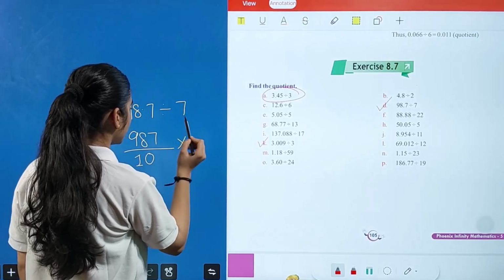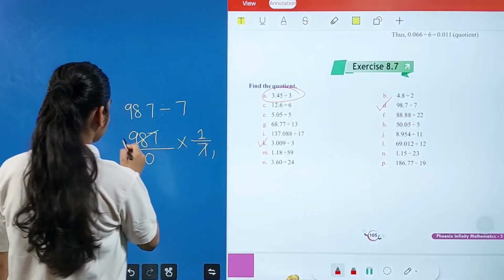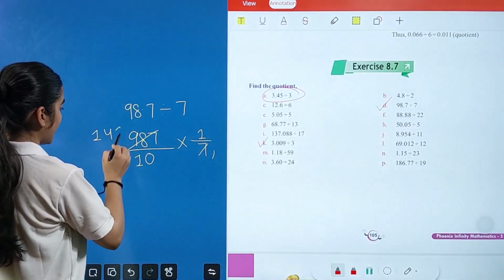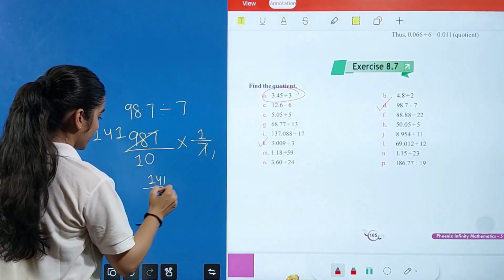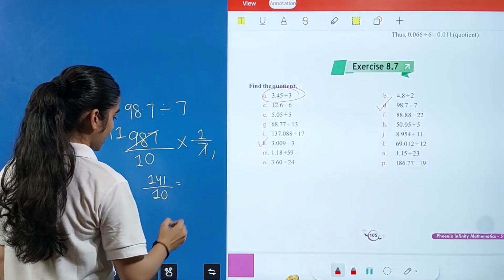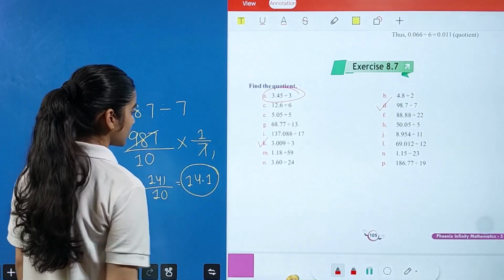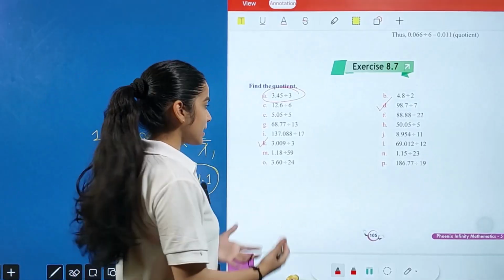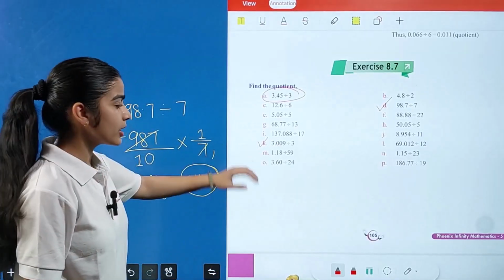Division will be converted into multiplication and 1 by 7. 7 ones are 7, 7 ones are 7, 28, 7 fours are 28 and again 1 7. So now 141 divided by 10, your answer will be 14.1. So this is your final answer. Students, you have to repeat the same process as I do for solving this question, and after following the same steps, you will get your answer.